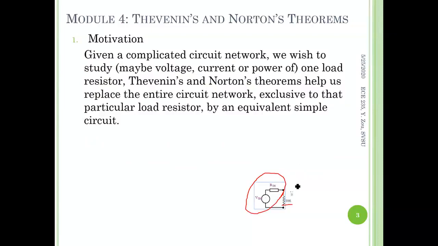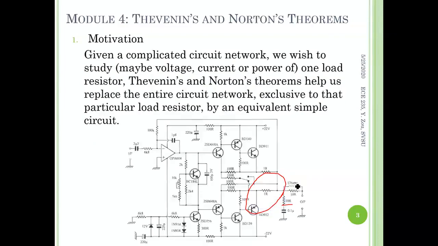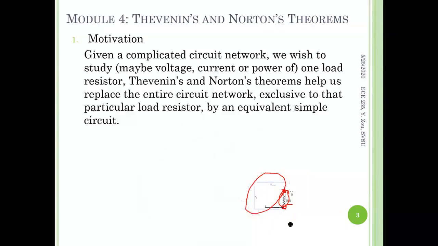Going back to the previous slide, we see the original complicated circuit. Since we only care about this particular resistor, with two terminals across it, we make all the rest of the circuit become a simple independent source and one resistance.